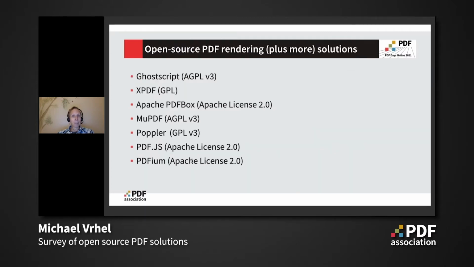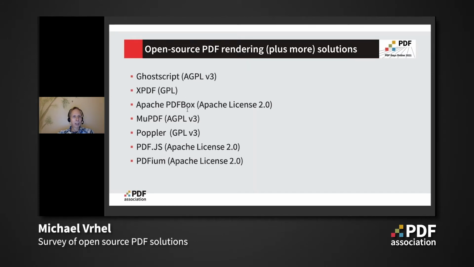And so if we talk about open source PDF solutions that are capable of doing rendering, and generally these applications also do more, we have the following list where we have Ghostscript, which uses the AGPL license. There's Xpdf, which uses a GPL license.